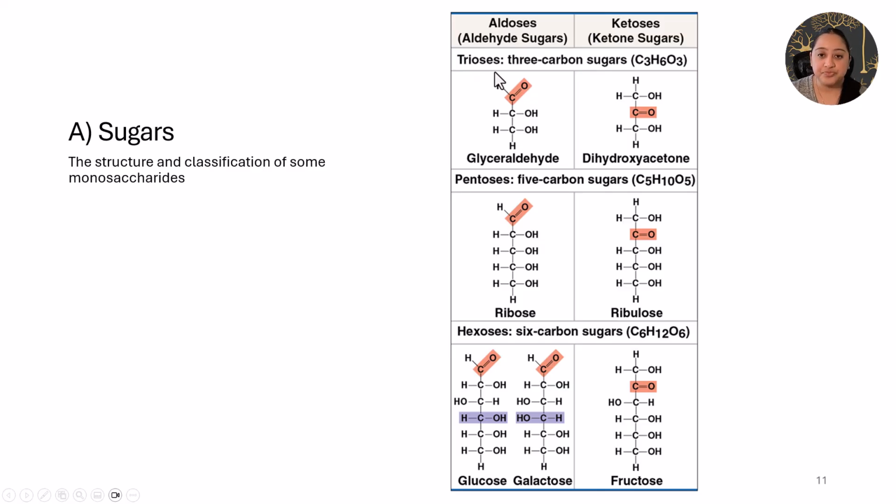In general, if you hear the ending -ose, it's usually a sign that this is a sugar. So trioses are 3-carbon sugars. Then depending on where that carbonyl group is, if it's at this position, that gives it this name: it's an aldose because it's at the end. If it's at this other position, then it's a ketose.